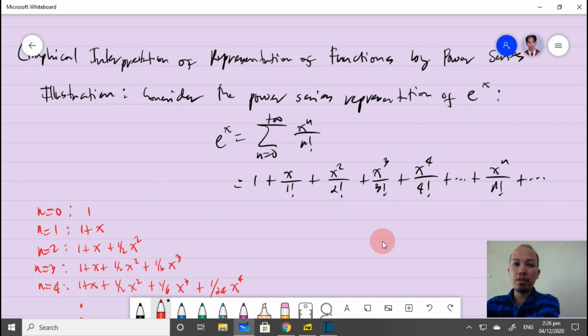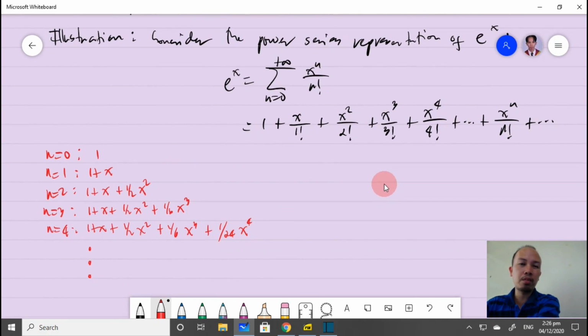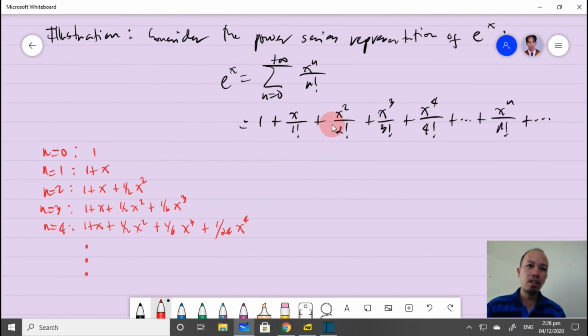If you look at the graph, as n approaches infinity, this function covers more points of the original function e to the x. That is one of the purposes of the power series.